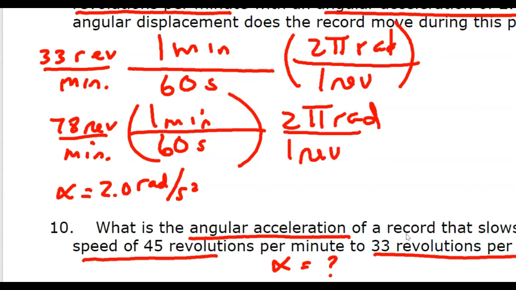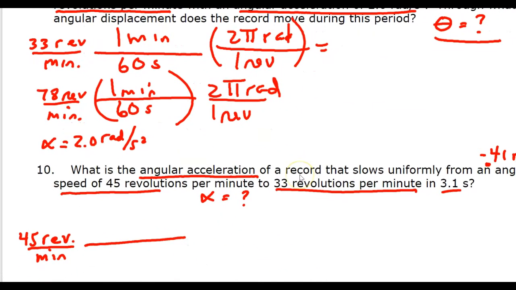33 times 1 times 2 pi divided by 60, and 78 times 1 times 2 pi divided by 60. Now, that gives me my omega. Everybody do it so I can check me. 33 times 2 pi divided by 60.